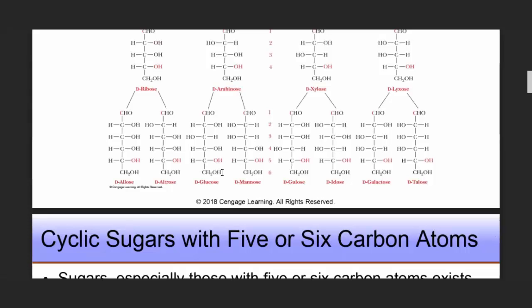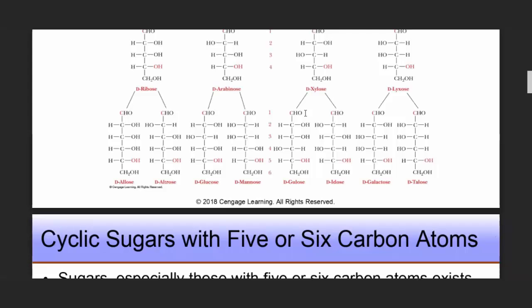Now, are they epimers? We compare the configuration around chiral carbons. For example, carbon 2 here OH right, here OH left. So this is a difference, whereas the remaining chiral carbons have the same configuration. So yes, we can say D-glucose and D-mannose are indeed epimers because they differ only in the configuration around carbon 2.